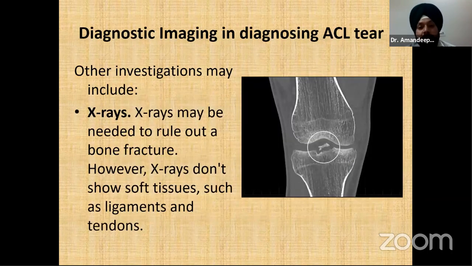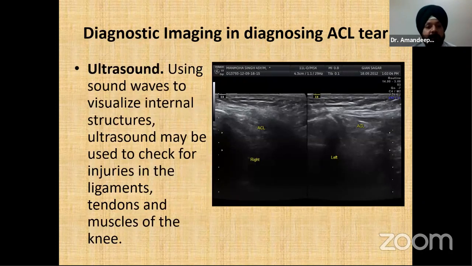Now there is a role of diagnostic imaging in diagnosing anterior cruciate ligament tear. With X-rays, we will not be able to visualize the soft tissues, but an associated chip fracture that can happen with this injury can be ruled out. Then we can make use of diagnostic ultrasound.